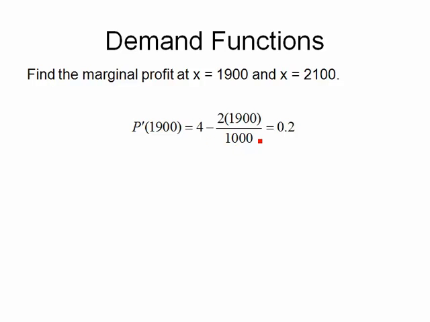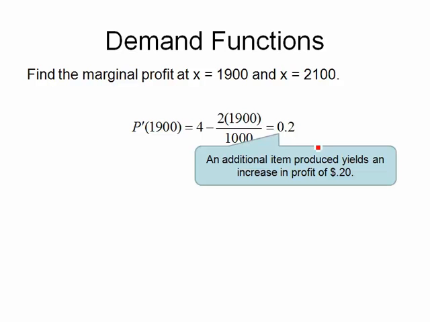So 4 minus 3.8 gives me 0.2. So what this means is producing an additional item at this production level will yield an increase in profit of $0.20 or 20 cents. So if I decide to increase my production here, I'm going to make more money.